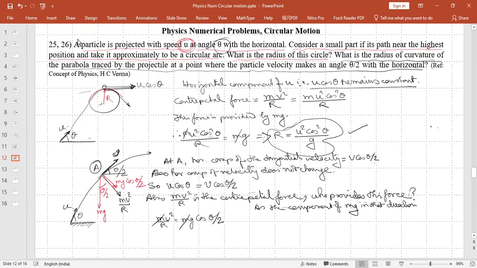And therefore, R is equal to v square divided by g cos of theta by 2.